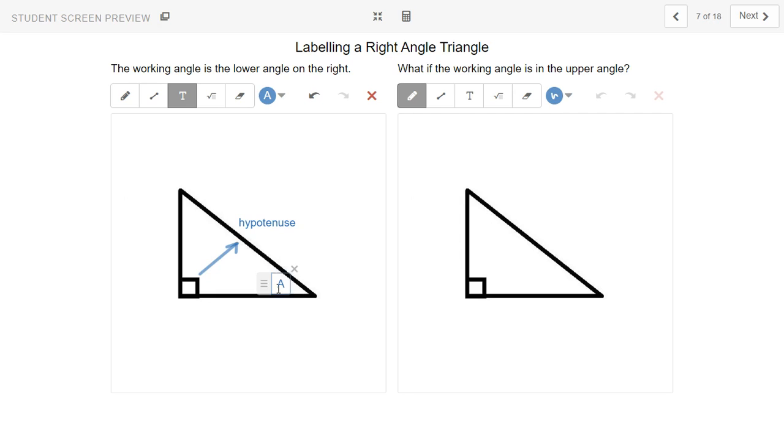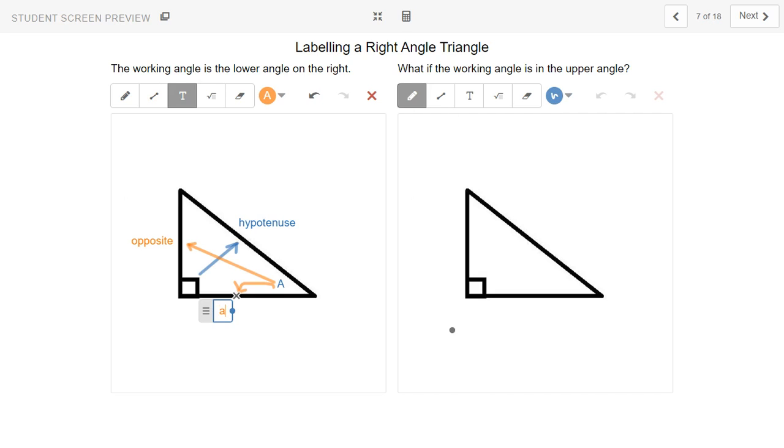Now, our other two sides will depend on where the working angle is. So since the working angle is down here, the side that's across or opposite of the working angle is called the opposite. And we have the side beside our working angle and the 90 degrees.